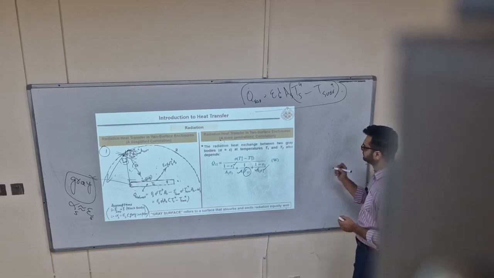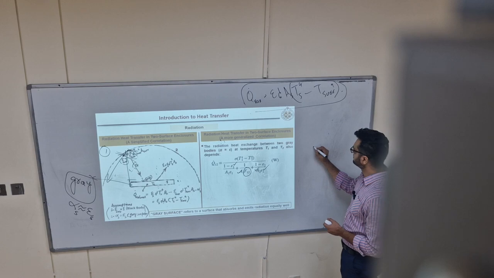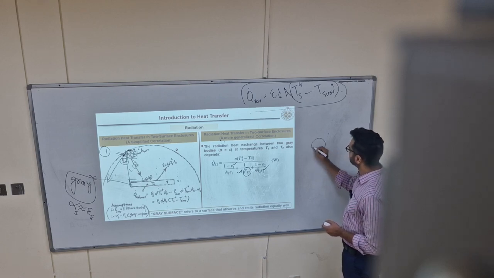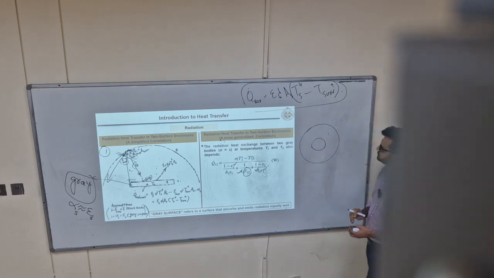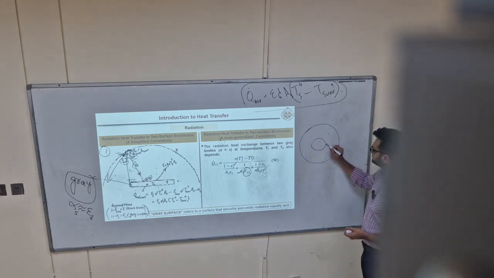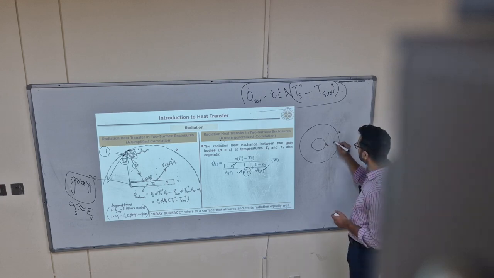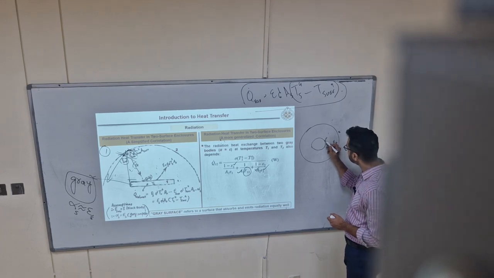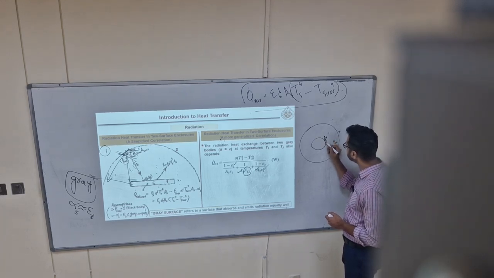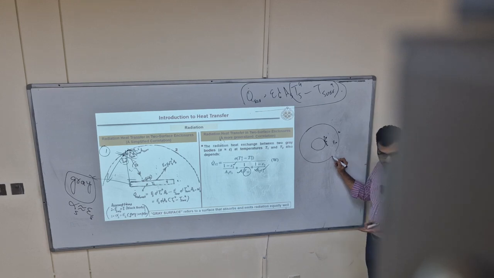For example, let's see some more examples. Like this one, tube in tube. This is surface 1, this is surface 2. So what is F1 to 2? Whatever radiation will be leaving from that surface will reach surface 2.